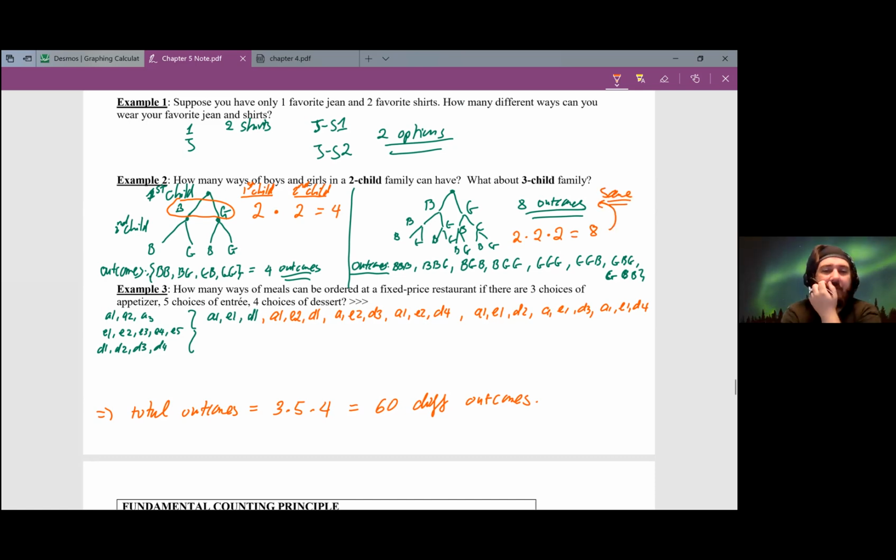Got it. I was looking at it wrong. I was doing 2 times 3, so 6. I see. Yes, we're going to multiply them.